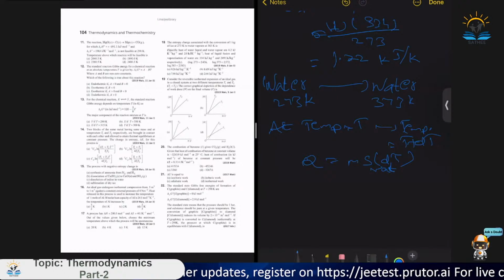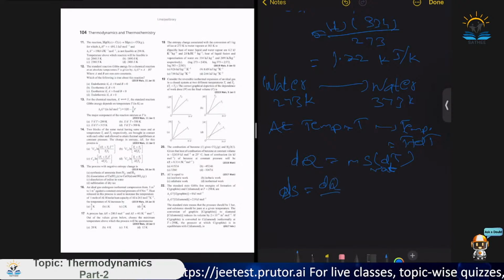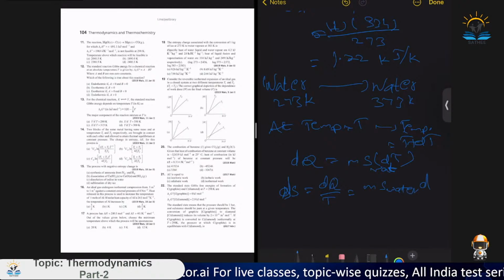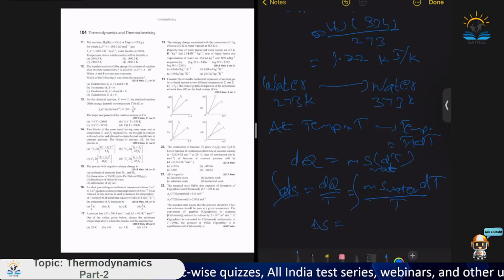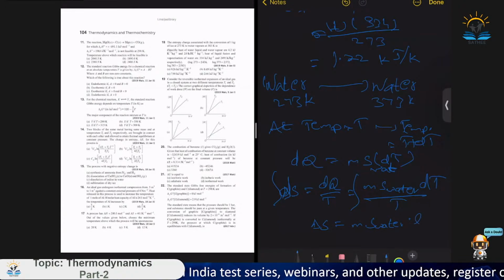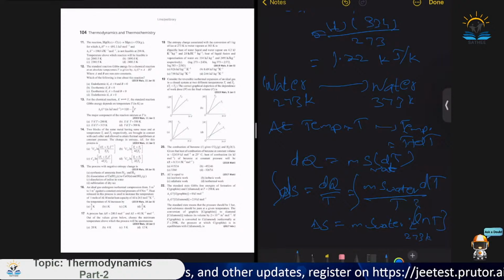So your ds, small change, is dq by T, which is ms dt by T. Integrating on both sides, delta S is equal to ms into ln T. Your limits are 273 Kelvin to 373 Kelvin.